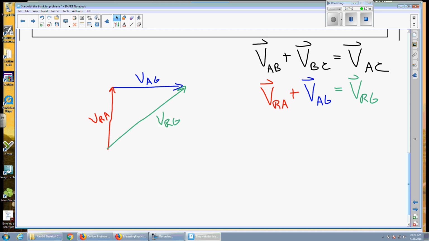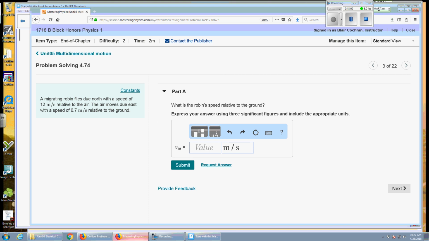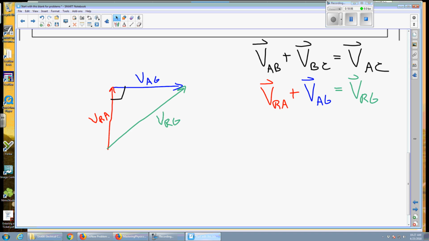Because this doesn't say this number plus this number equals this number. It says this vector plus this vector. And when I see how they're arranged, I realize they're in a triangle. And it happens to be a right triangle. So what do they ask me? What's the speed, right? Yep. So that's going to be the magnitude of the green vector here.